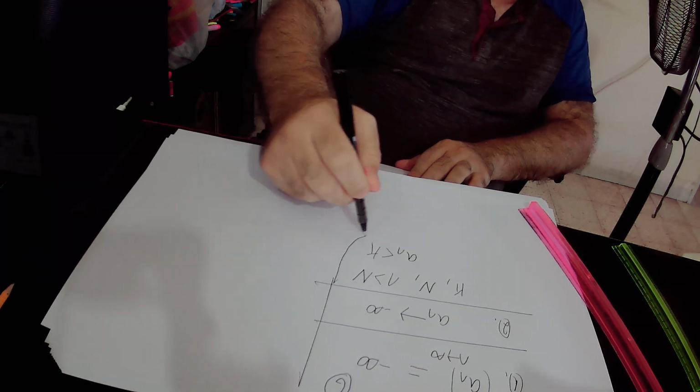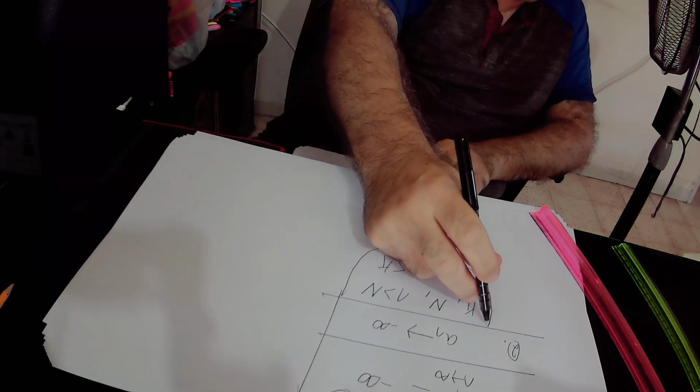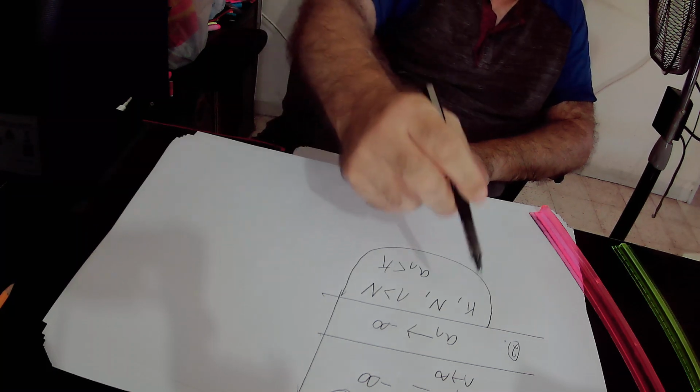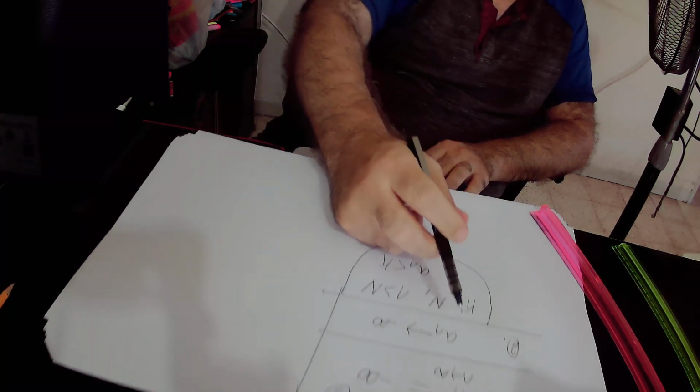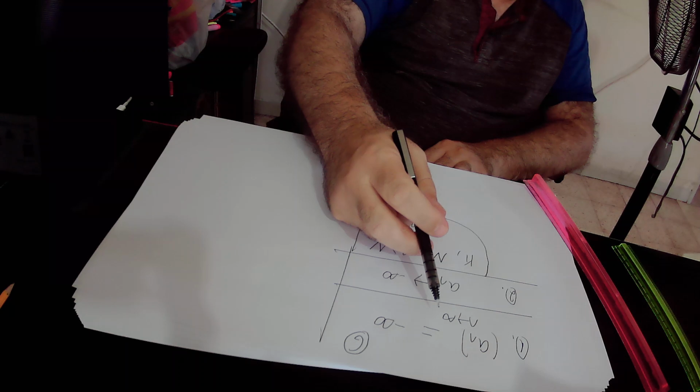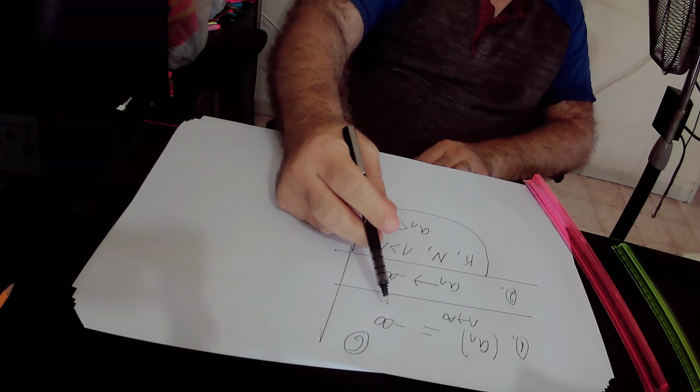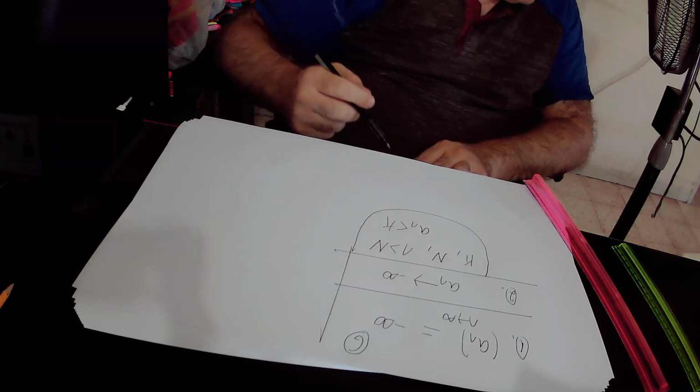So only and only if this condition holds, we can say that the limit of sequence an when n tends to infinity will be equal to minus infinity. Okay?